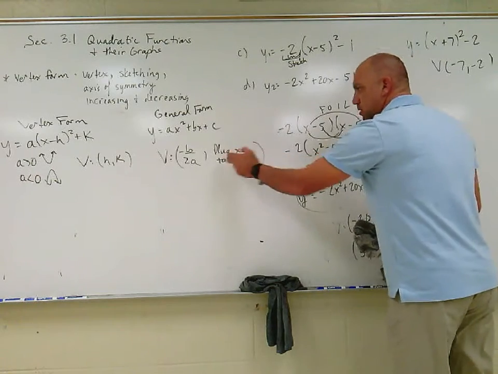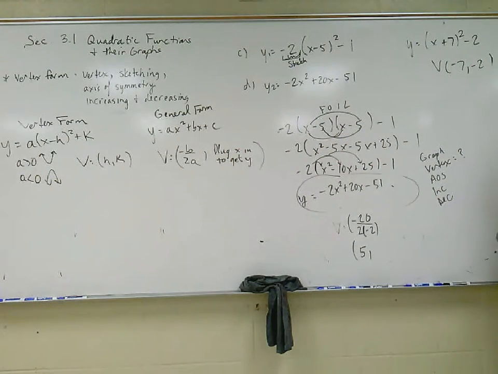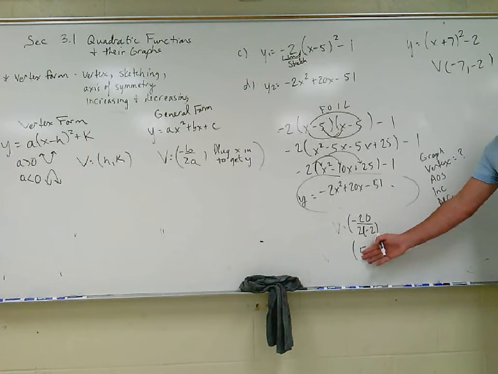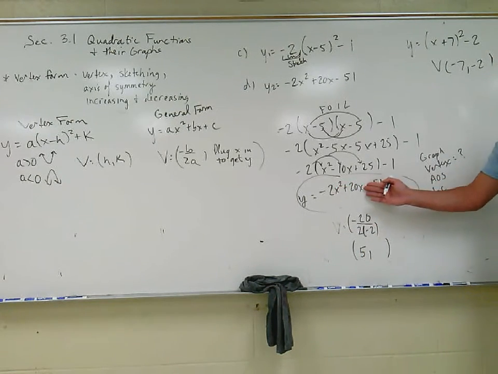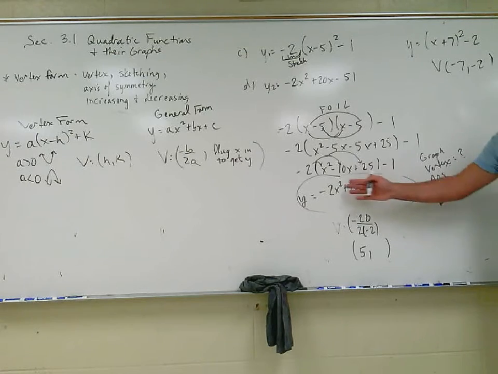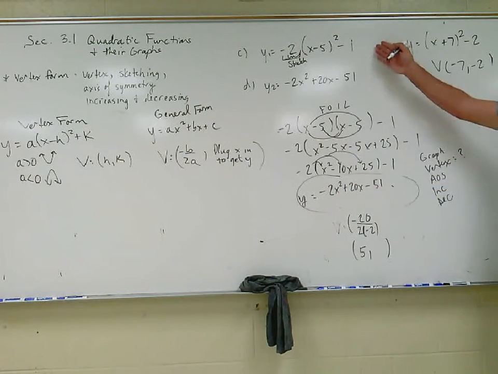Then what does it mean to plug x in to get y? We don't know the y part of the vertex, right? So anytime I want to get the y, do you know what your x part is? You have to take your 5 and plug it in, and when you plug it in, you should get -1.